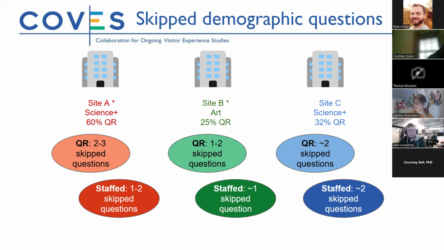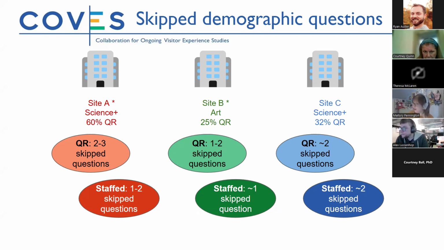And what we found is that at one of our science sites and the art site that we looked at, it was actually more common to skip questions on that QR survey. Whether that's driven by that comfort level phenomenon or maybe some technological issues where people on their own devices are doing something differently, I can't say for sure, but we were seeing more skipped questions on the QR survey in certain places.